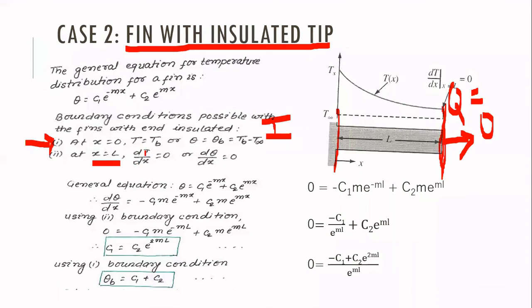At x is equal to L, we were getting rate of heat conduction is 0. So this is boundary condition of which type? Second kind, because the rate of heat transfer is known at that particular section. So this will be called boundary condition of second kind.